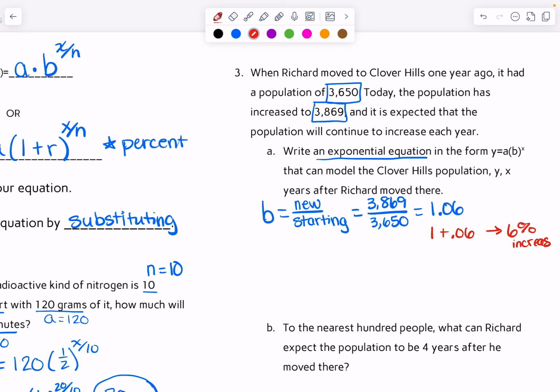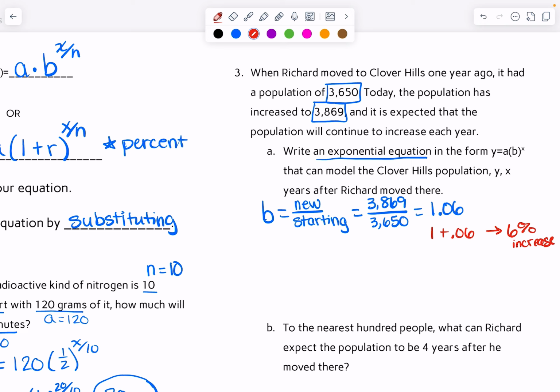Now, you don't necessarily have to know this to solve this problem, but we want to make sure that we can take that rate and work our way backwards to see what the actual percent increase was. So in this case, the population of Clover Hills is increasing by 6%.